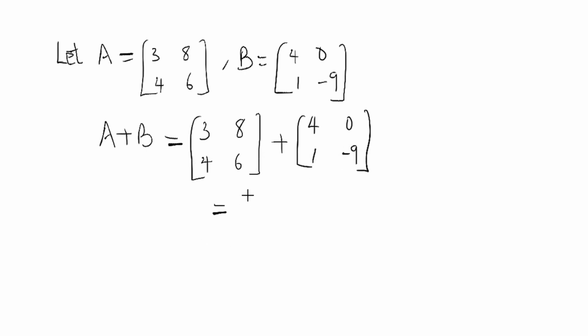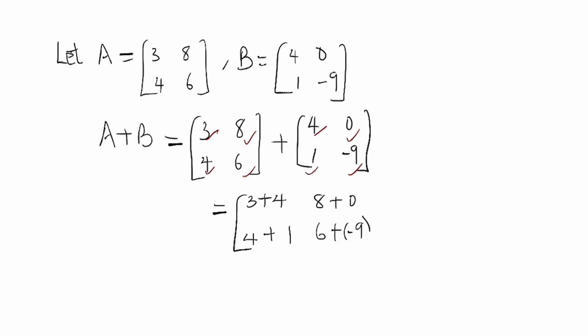When you are adding up, you add 3 to 4, you add 8 to 0, you add 4 and 1, and then you add 6 and minus 9. So what we have is 3 plus 4, 8 plus 0, 4 plus 1, 6 plus minus 9.